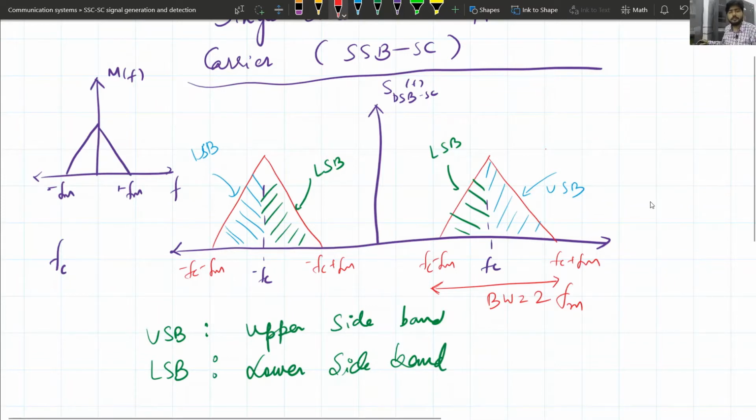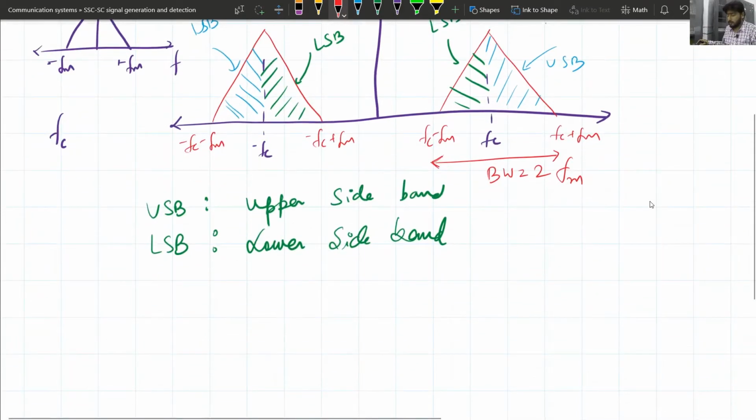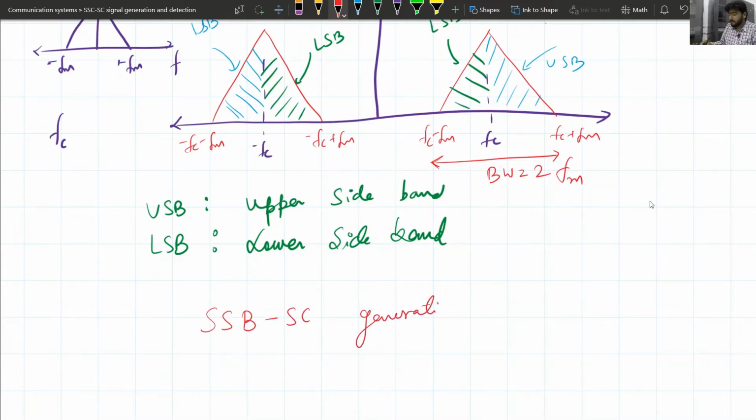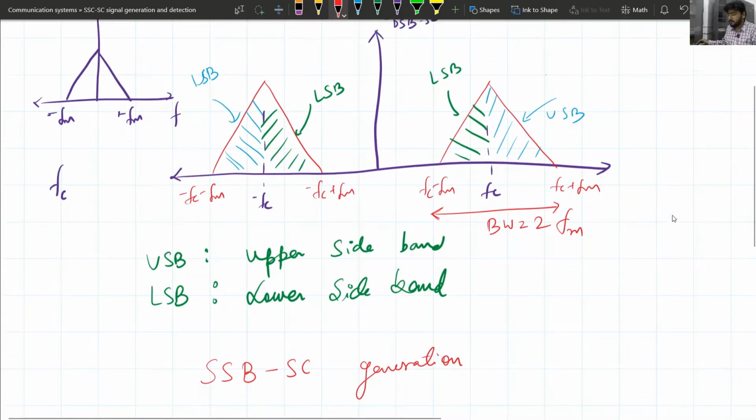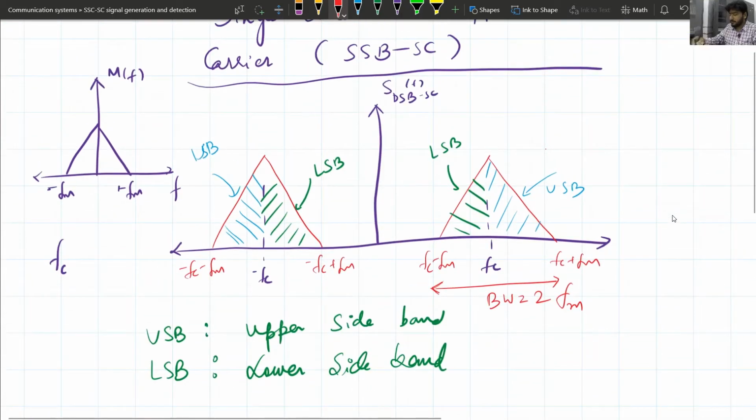This limitation is overcome with the help of single sideband suppressed carrier generation. Now this signal is the case of double sideband DSB-SC.